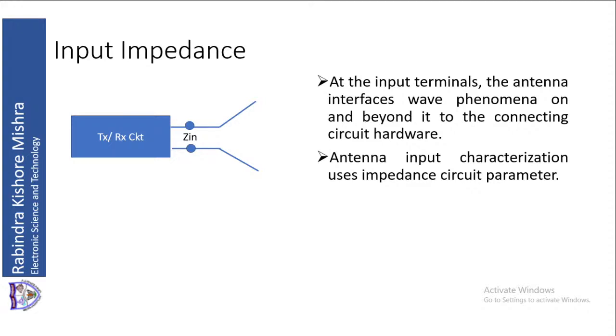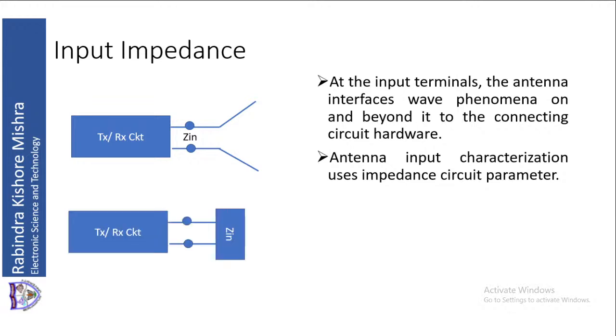If we remove the antenna and put across that port an impedance equal to Zin, suppose the antenna impedance is equal to 50 ohm, so we put a load of 50 ohm, or the antenna impedance is equal to 47 plus j53, so we put a load there of 47 plus j53, this is equivalent to the load which was offered by the antenna.